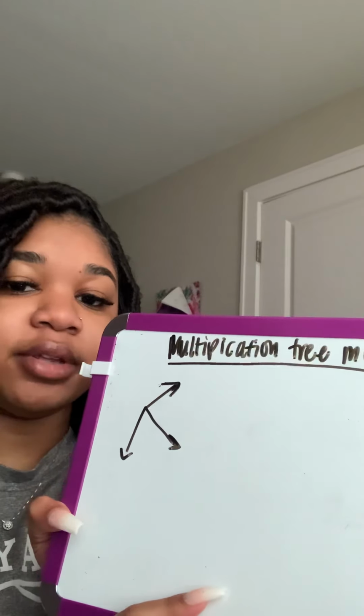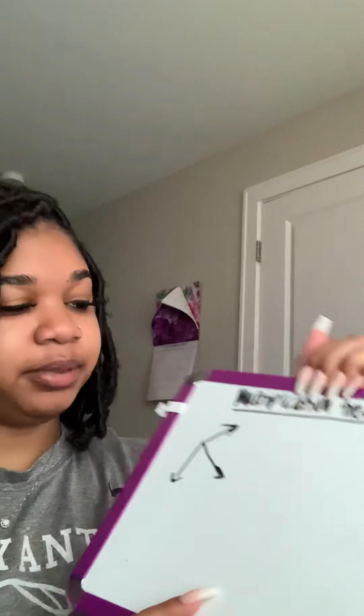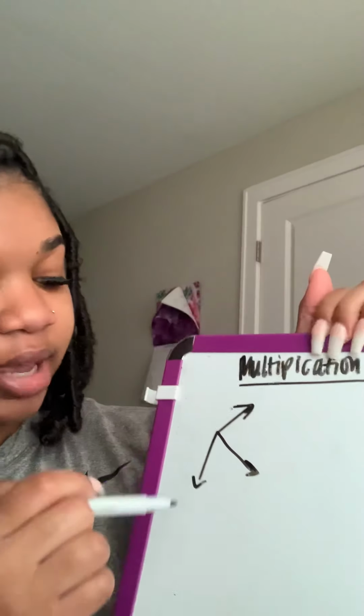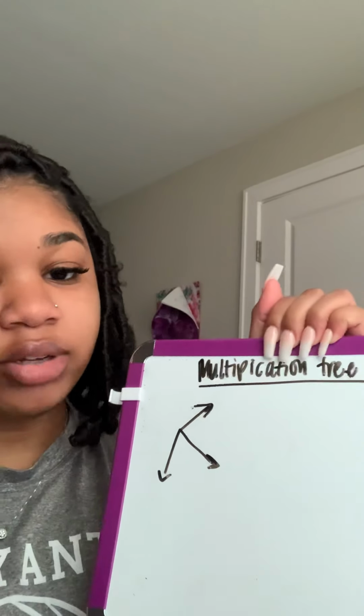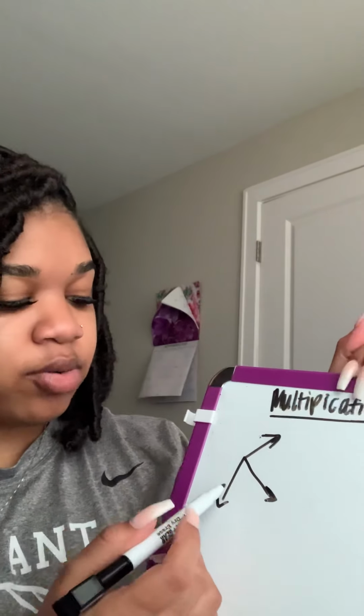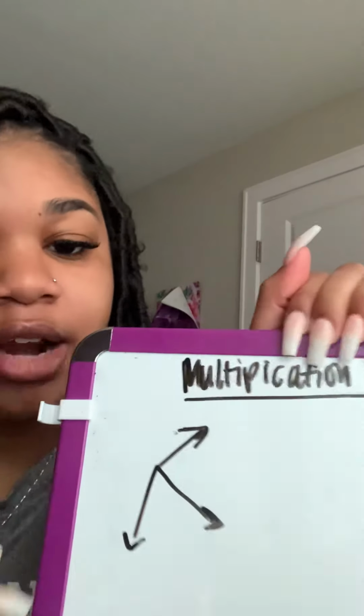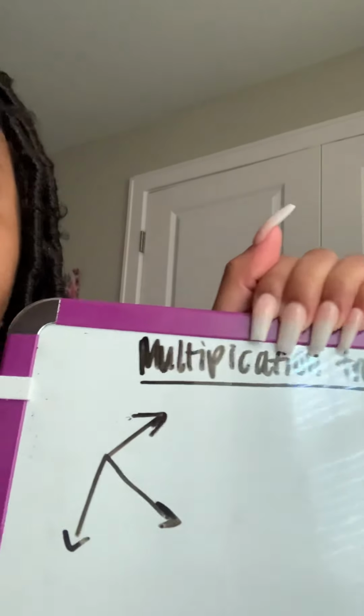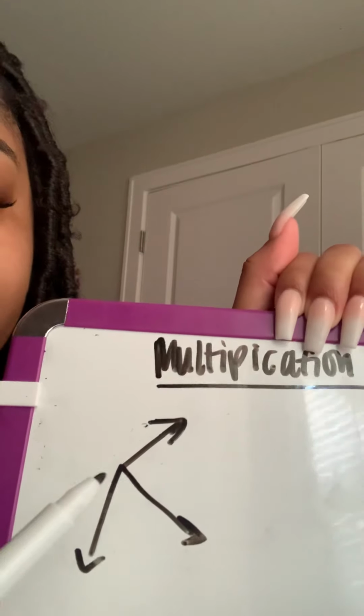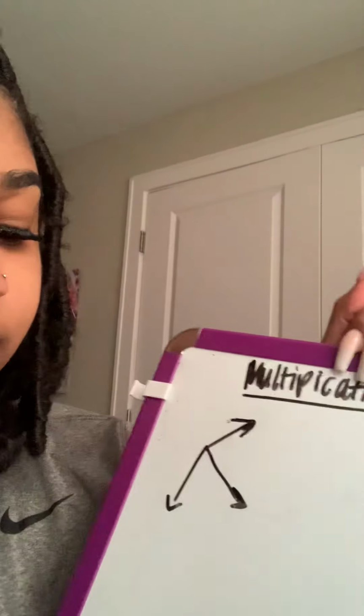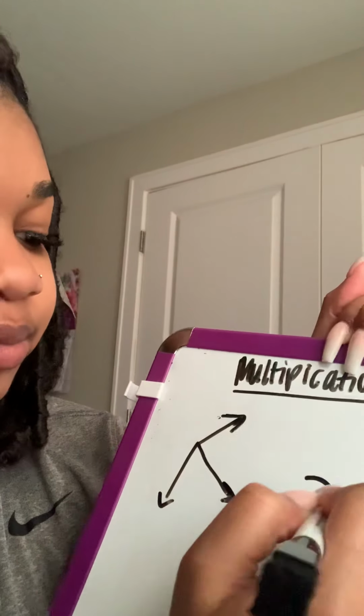So you have a tree, basically. You have a tree, and it has 3 branches on it. Only 3. So 1, 2, 3. Let's not look at the arrows just yet. Just look at the branches. So we have 3 branches. 1, 2, 3. So our base number is going to be 3.